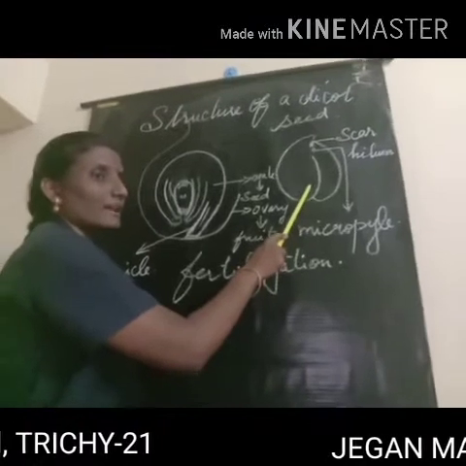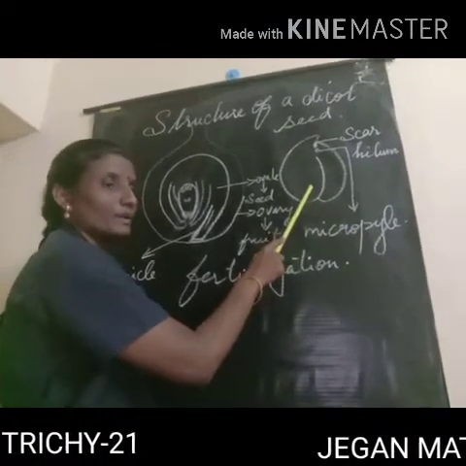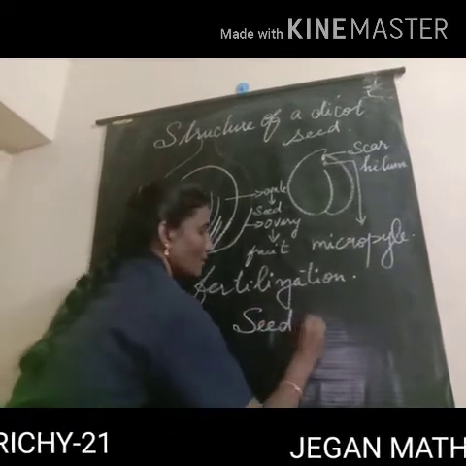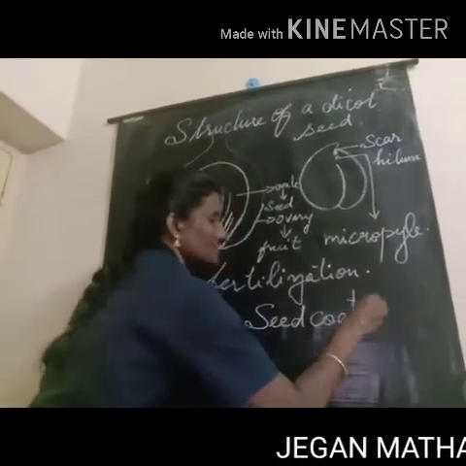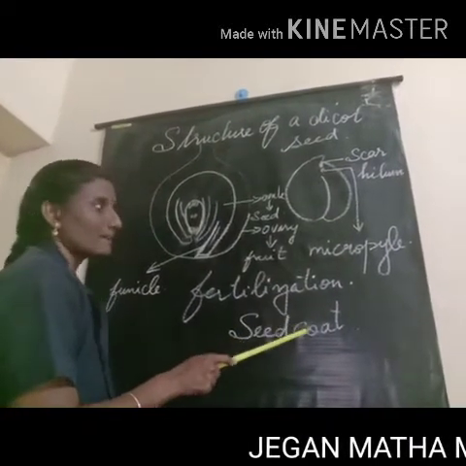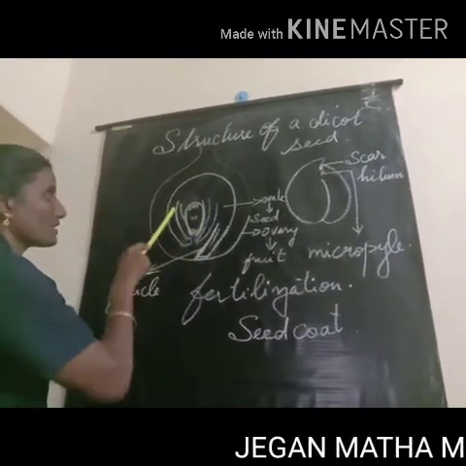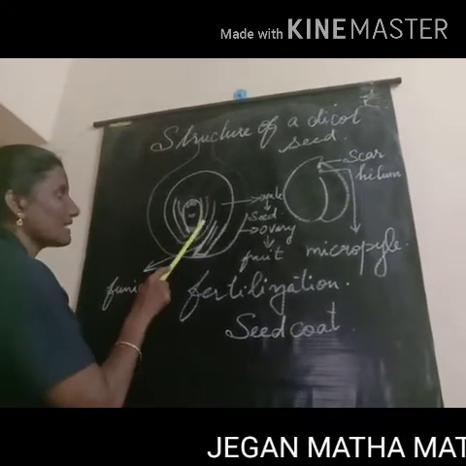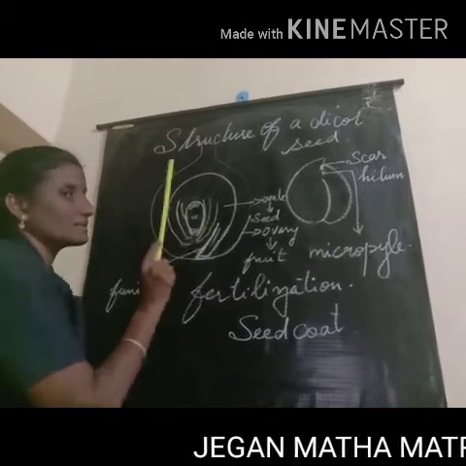This seed has a thick outer covering called the seed coat, and it is developed from the integument.